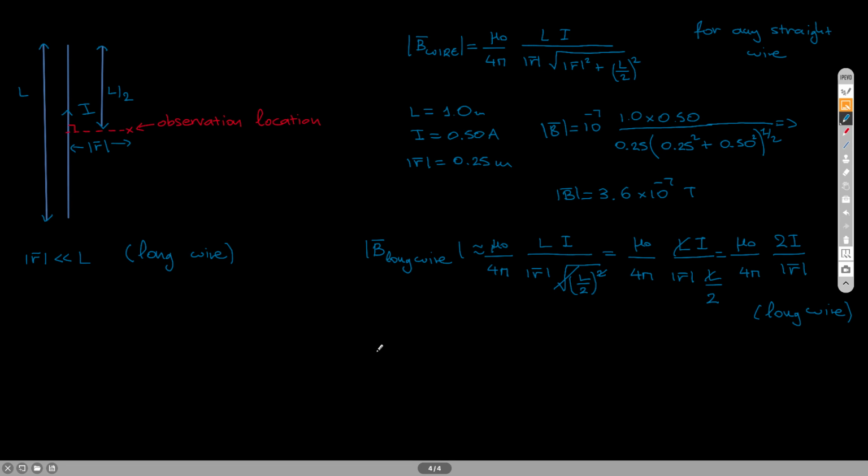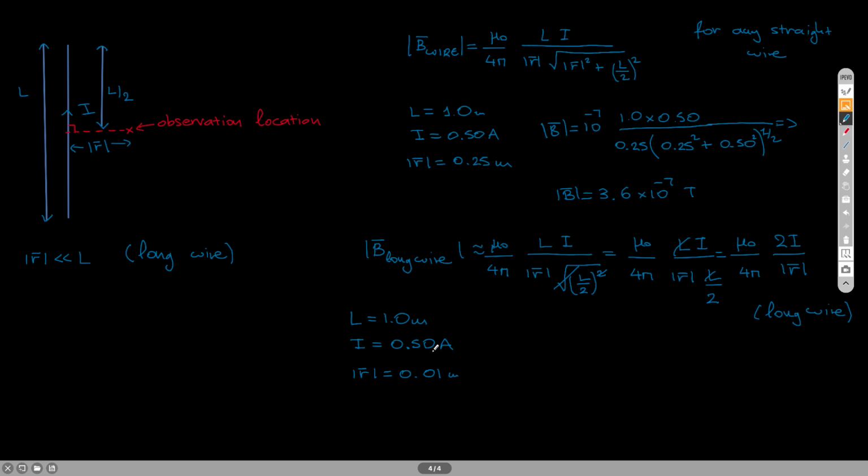Now, an example. Let's say I have a length, and I'm going to keep this number the same, the current the same. What would be a very long wire? R needs to be much smaller than that, much smaller than 1 meter. 1 centimeter is certainly much smaller than 1 meter.